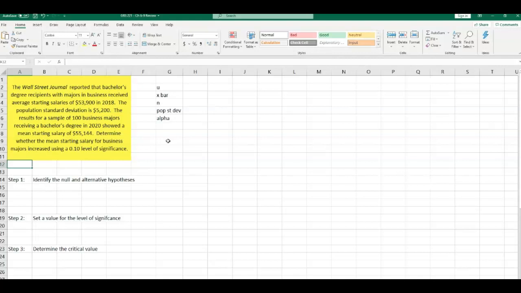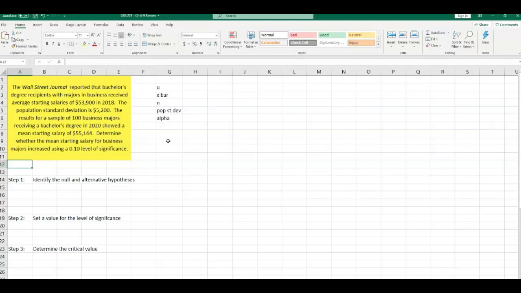The results for a sample of 100 business majors receiving a bachelor's degree in 2020 showed a mean starting salary of $55,144. Determine whether the mean starting salary for business majors increased using a 0.10 level of significance.